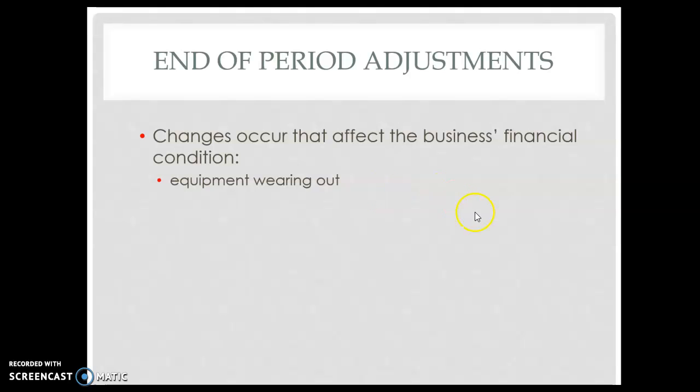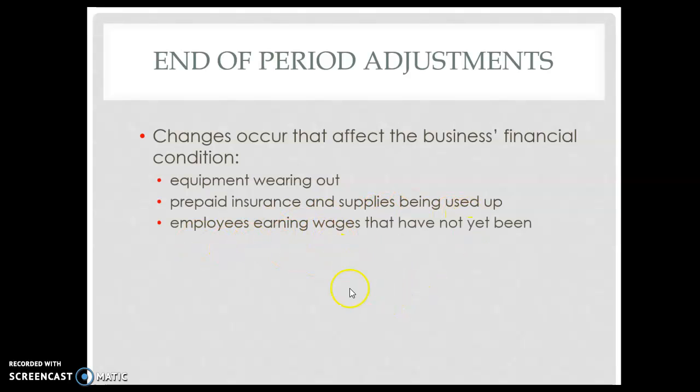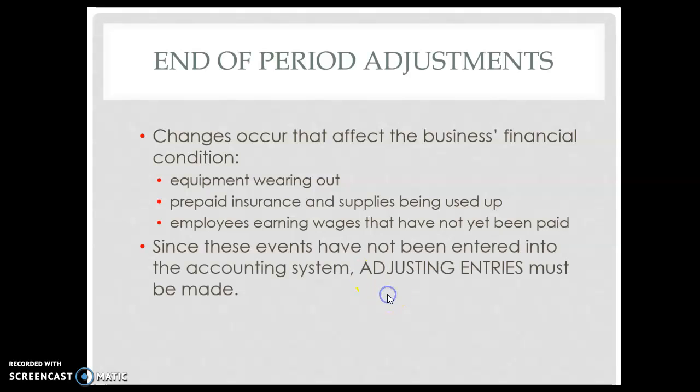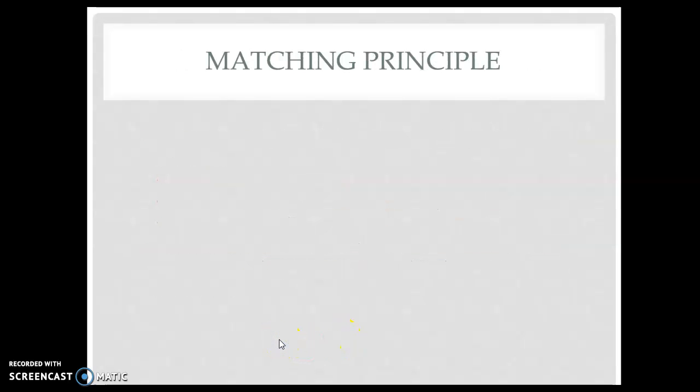So we're using equipment, we use up some insurance, we use up some supplies, employees earn wages that haven't been paid yet by the end of the month. These things are happening and they're not being recorded. And so we have to do adjusting entries to get these kinds of things put into the books.